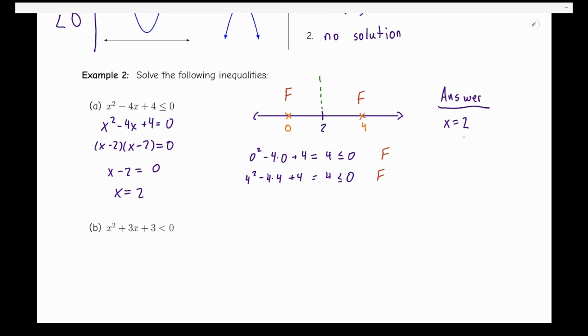So that is our answer. Remember, in interval notation, that would be brace 2 brace. But now let's say there was no equal sign here, it was just a less than symbol. Then we couldn't include equal to, so our solution would be no solution. So that's the difference between getting a single answer and no solution with a single root.